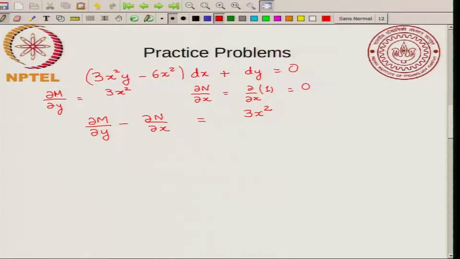So, now with 3 x square, you immediately realize that n of x y equal to 1. So, this implies 1 by n times dou m by dou y minus dou n by dou x is equal to 3 x square. So, this is only a function of x.